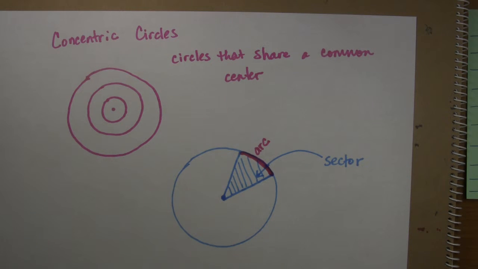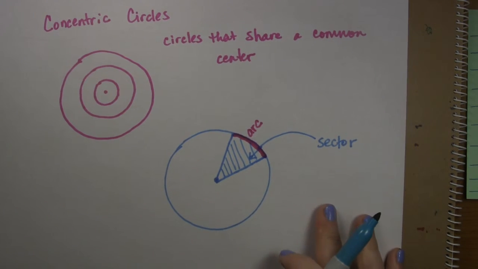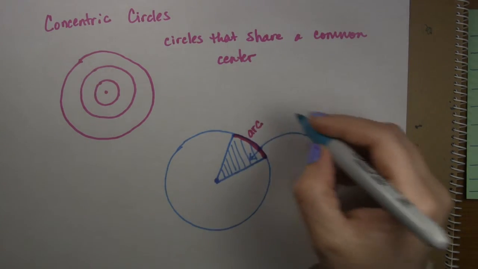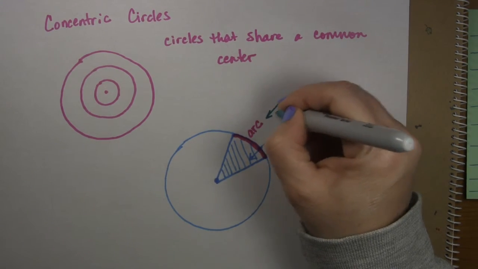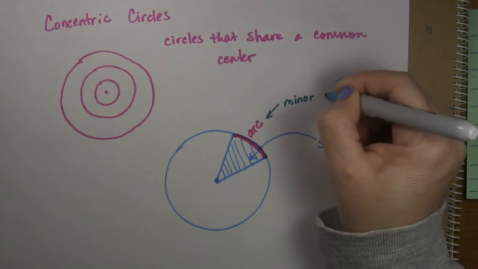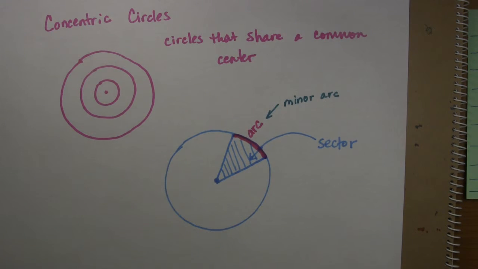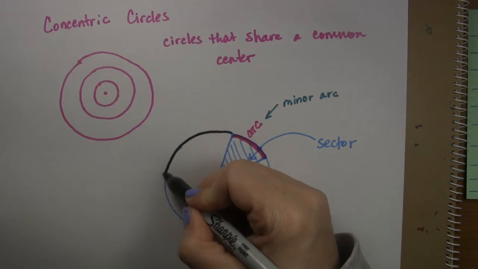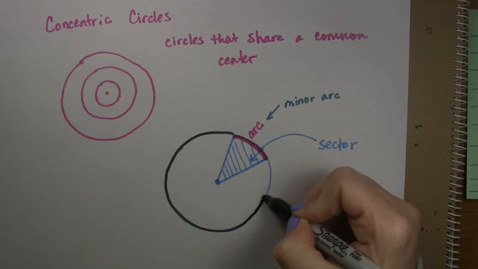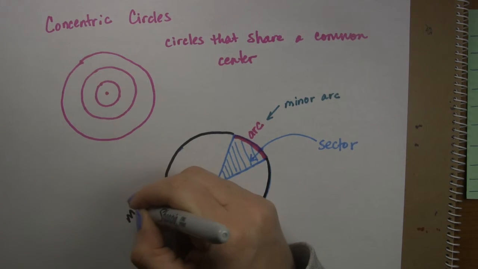Now there are two types of arcs. There is a minor arc, which is what this is. Or you could have this whole thing be an arc, which is your major arc.